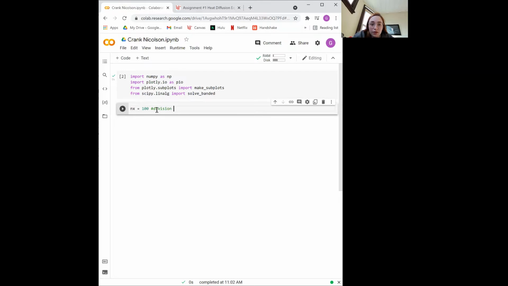And then we're going to again just put in our variables. I'm just going to go ahead and make r equal to 1 because that's above our 0.5 from last time.